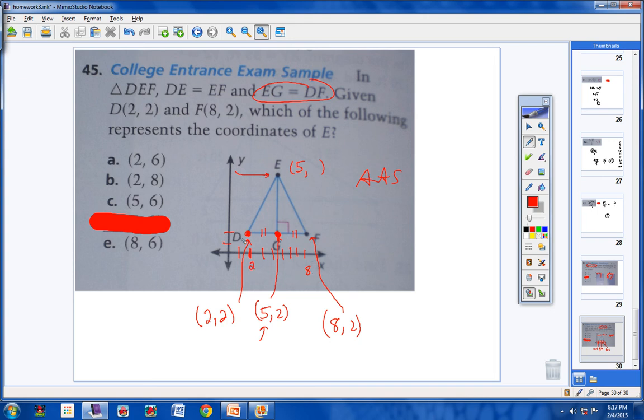So if DF has a length of 6, then EG has a length of 6. So starting at 2 on the y-axis, if I go up 6, that's going to be 8. So the ordered pair for E is going to be (5, 8).